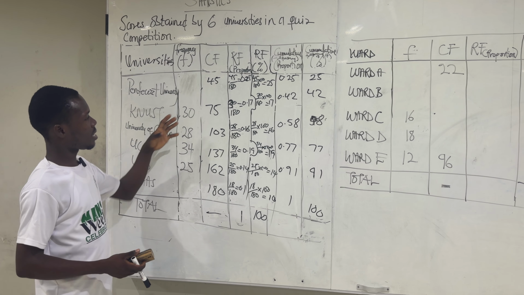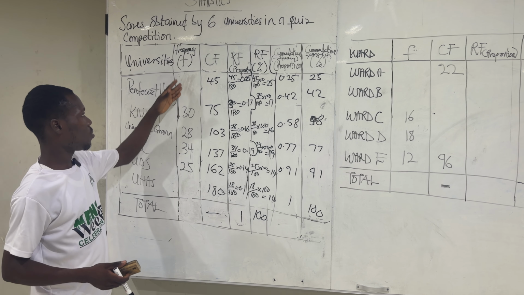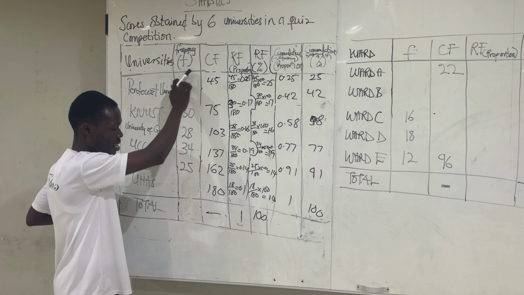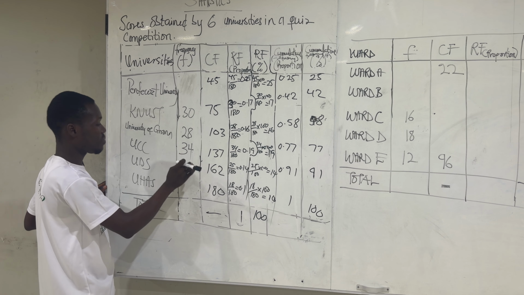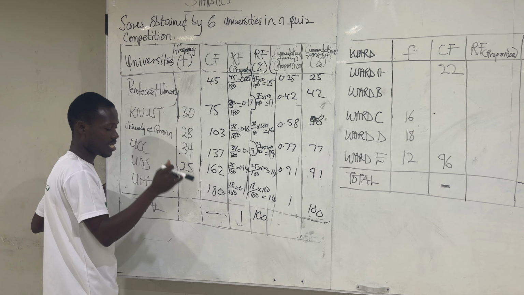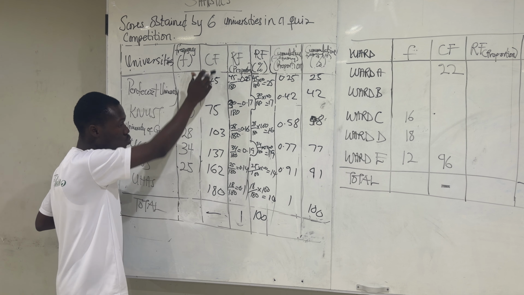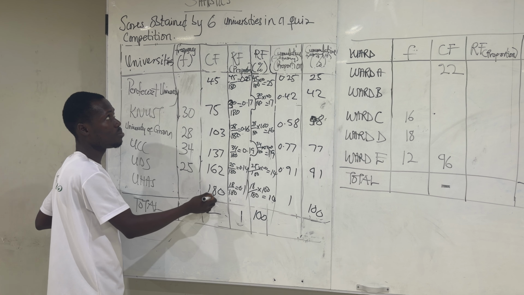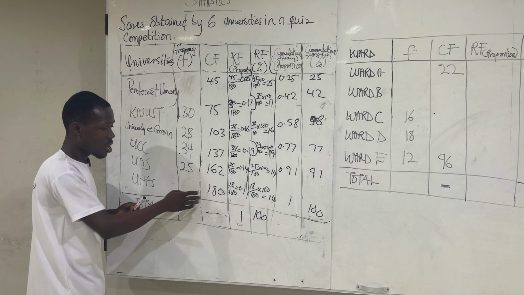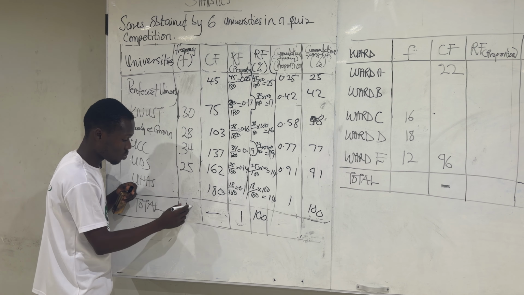So with table 2, you can see a question like this, which doesn't have the frequency for, let's say, a university, and also does not have the total. But the principle in statistics is that your total frequency will always be equal to your cumulative frequency over here. So since this is 180, automatically your total frequency also becomes 180.